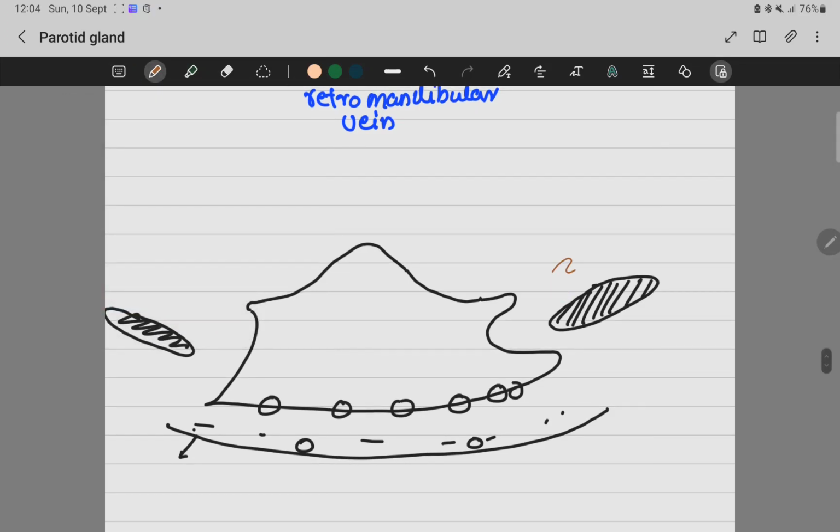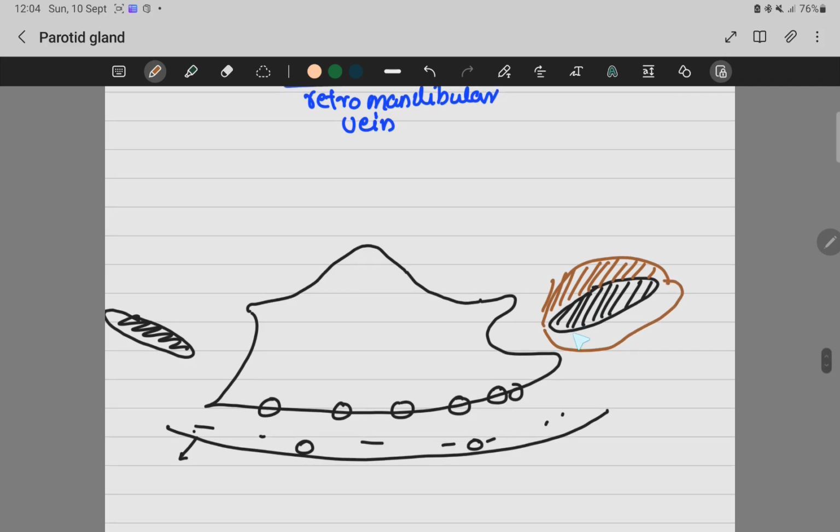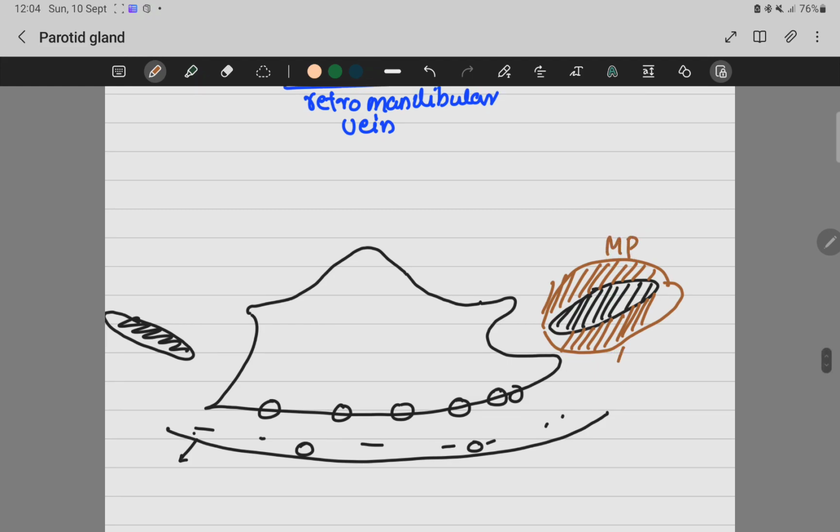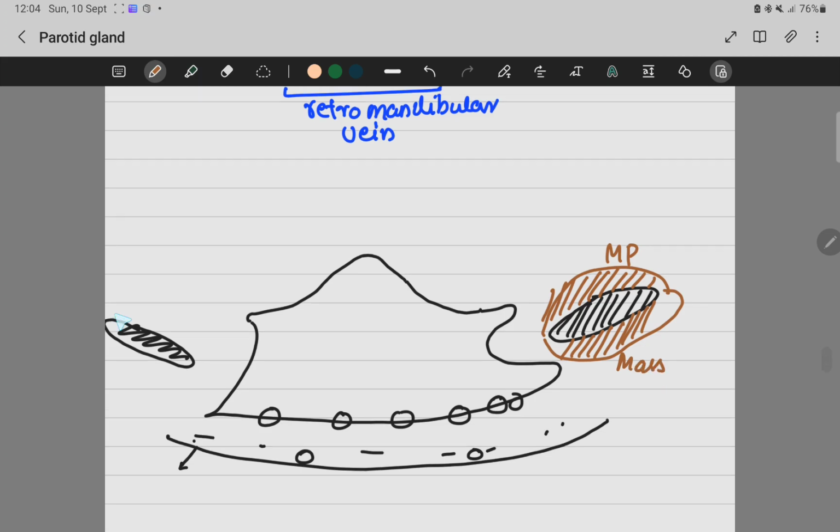Here we have the medial pterygoid on the ramus of mandible, and this would be the masseter. This is the medial pterygoid and the masseter. Then we have the posterior belly of digastric and the sternocleidomastoid.